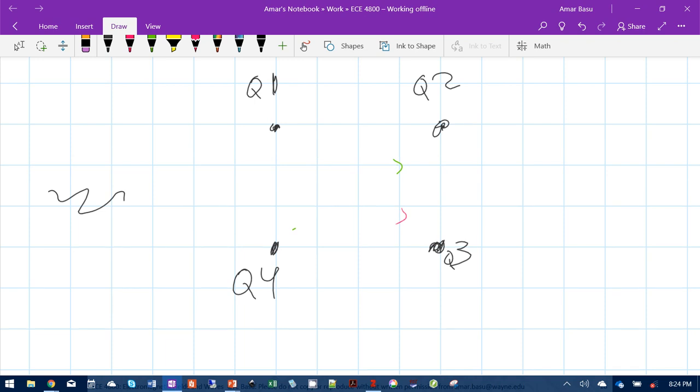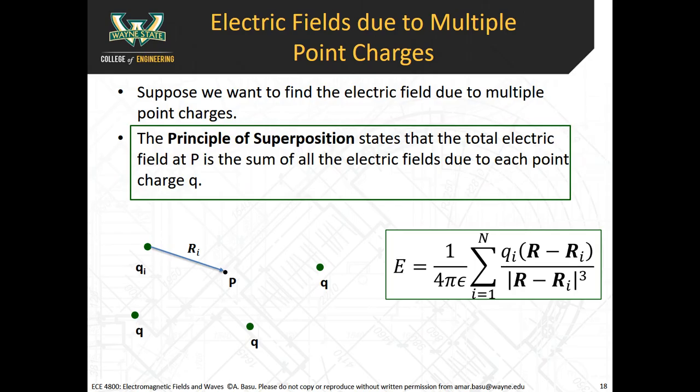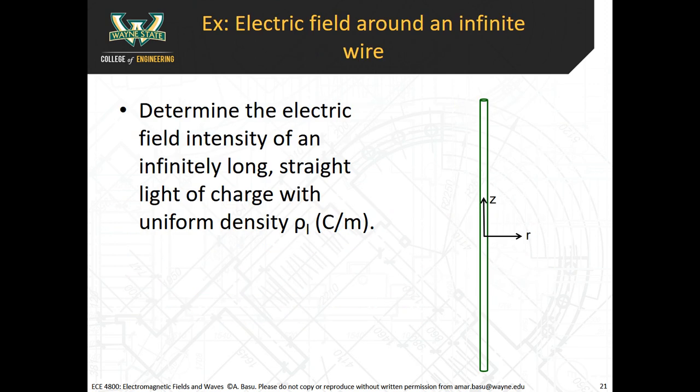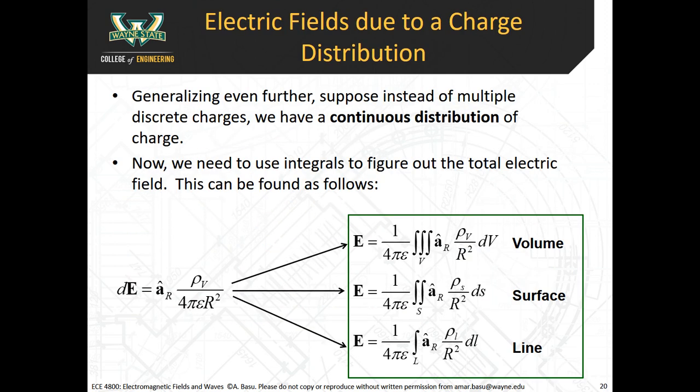All right. But now we're doing charge distributions. When we do charge distributions, we don't just add up the discrete charges. We actually integrate, because remember, integrating means adding up. So we can integrate over a volume, adding up all the charge contributions from all the charges in a volume.